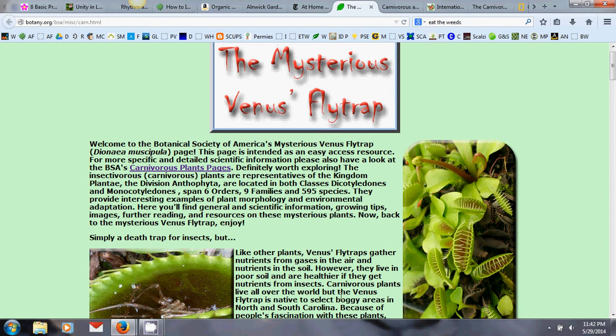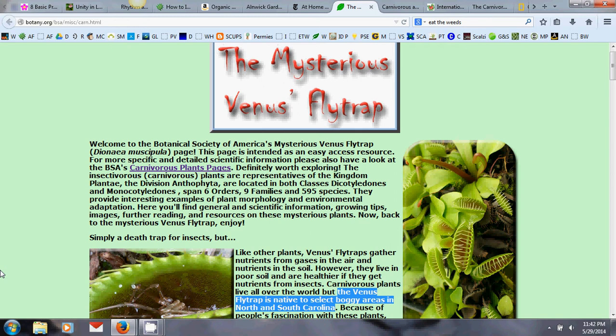So if you look here, the Venus flytrap, it's native to North and South Carolina. That's where it's from. And we are actually planning to build a little habitat for it outside, but we haven't done it yet. And I feel like I don't have enough personal experience with growing carnivorous plants to give you a whole lot of information on it.